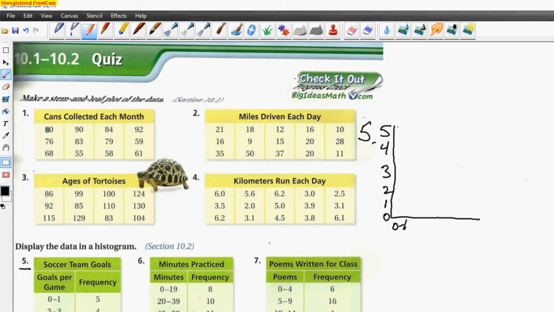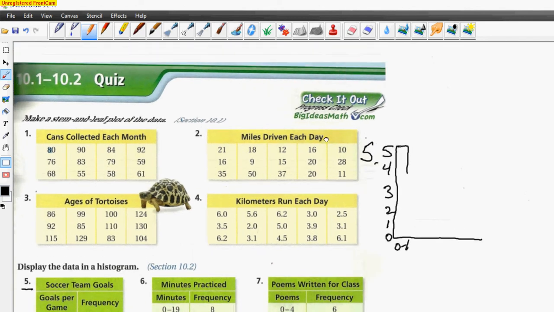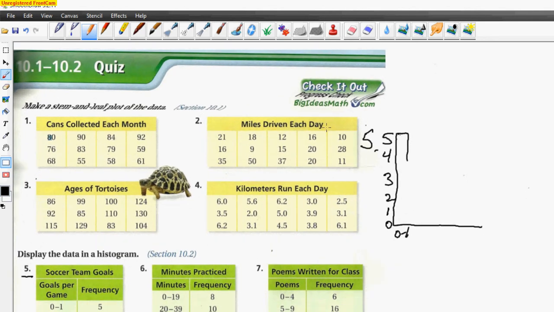So we're going to go to this chart, and we see the 5 right here. So now we're just going to put a little box. We know it represents 0 to 1 games. And so it starts at number 5, and that's where it's at, in 0 to 1 games, as far as how many frequencies of goals.